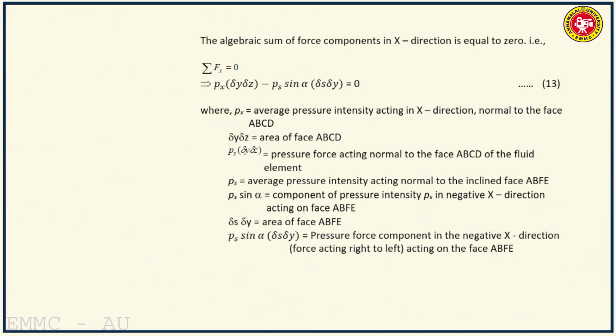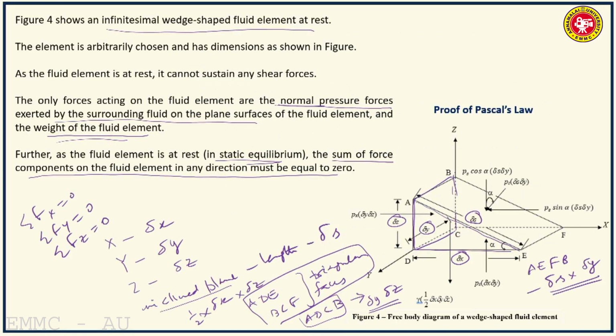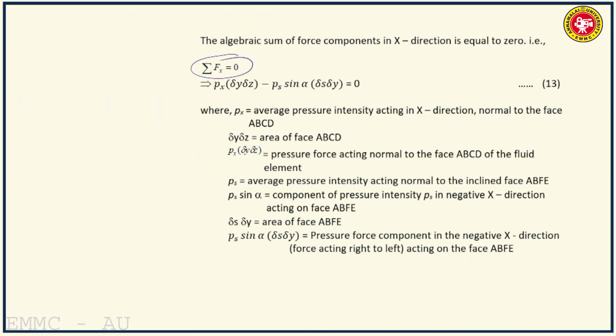The algebraic sum of force components in x direction is equal to 0, that is sigma Fx equal to 0. So how many forces are there in x direction? The pressure force acting along x direction, normal or perpendicular to the left face, that is ADCB, along the YZ plane. So what is the area we know? That is delta y delta z. So Px into delta y delta z.